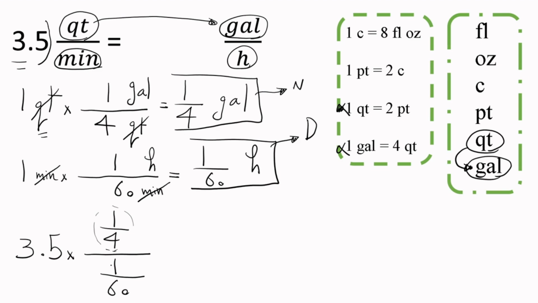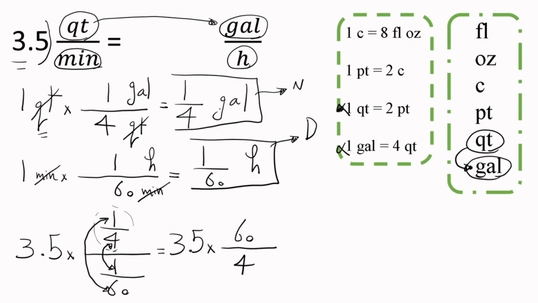There is an easier method. You can multiply close by close and far by far. Okay, in that case, what are we going to have? We are going to have 3.5 times, as you can see, close by close will be 4 times 1 will be 4, and it will be in the denominator. 60 times 1 will be 60, and it's going to be in the numerator.